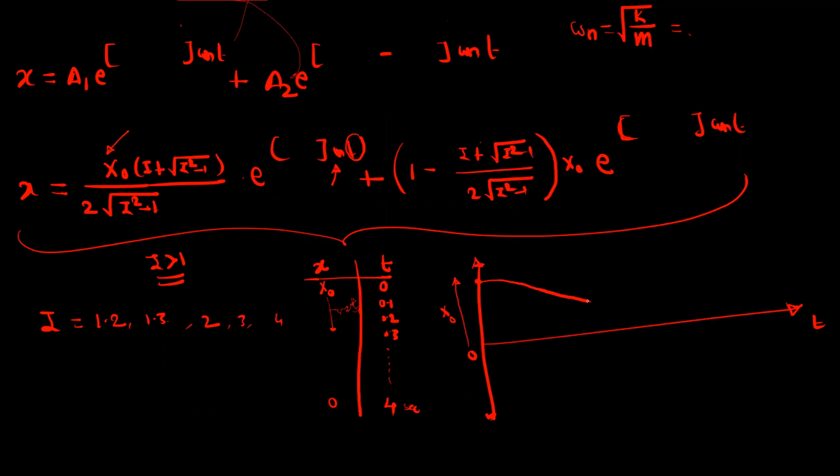That means displacement will approach the equilibrium position. So this is the waveform for the overdamped system, zeta is greater than 1. This waveform is non-oscillating.